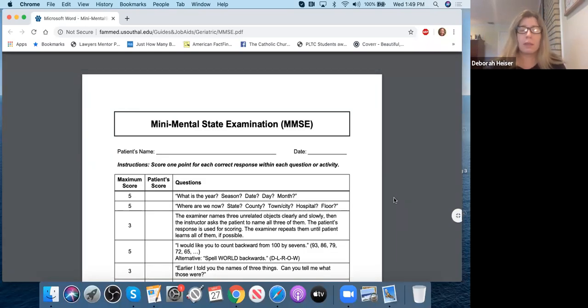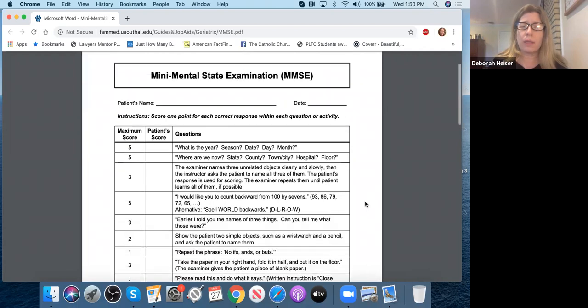So this is the Mini-Mental State Examination, and I put up a picture of what it looks like in this video because I think that it is important that you can take a look at it and see what's really used in the real world setting and why. And so learning about all of this brain functioning and how it works is very important for all of us.